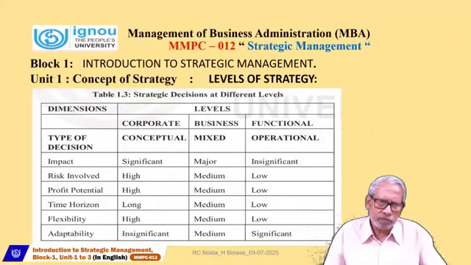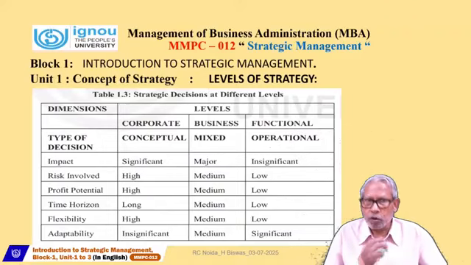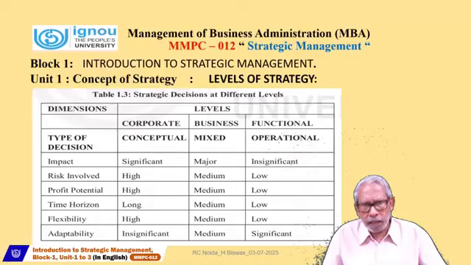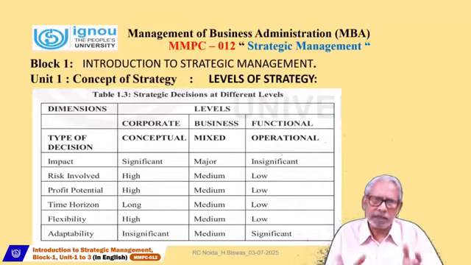There's the profit potential, because at the corporate level their decisions are impacting these things. You see the business levels, the middle management levels, there most of the things are medium, because they have to balance the things.